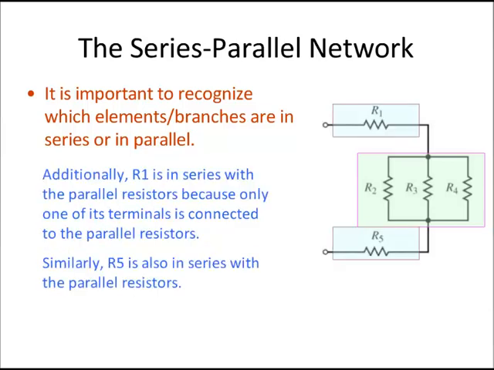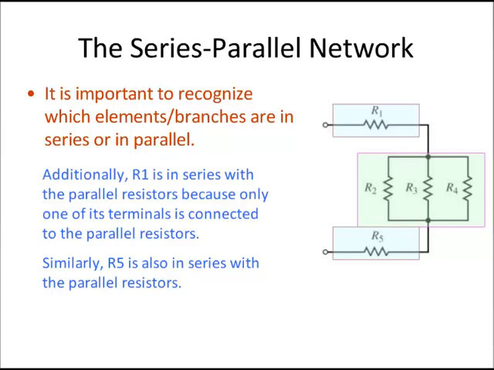Now that we have established that R2, R3, and R4 are in parallel with each other, let's look at the relationship of R1 and R5 in this circuit. Note that only the right-hand side of R1 is connected to the top of the three parallel resistors. In a similar manner, only the right-hand side of R5 is connected to the bottom of those three parallel resistors.